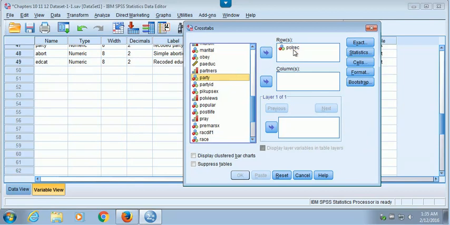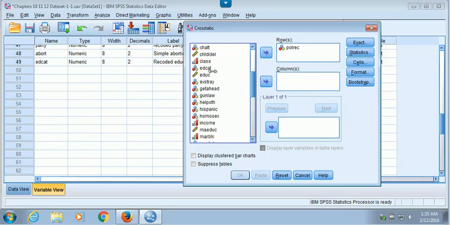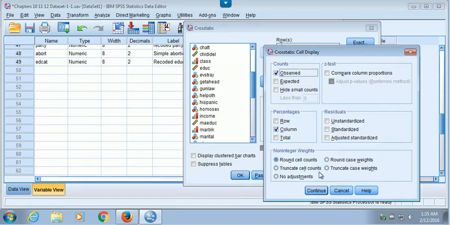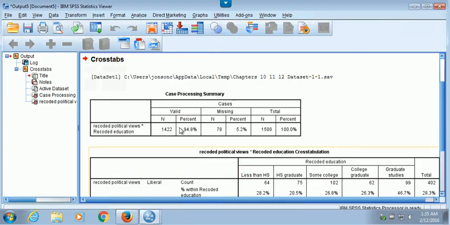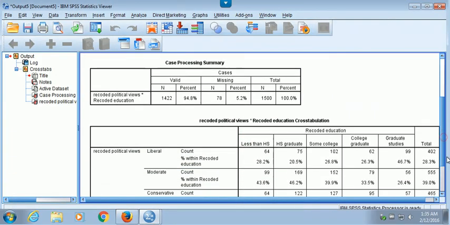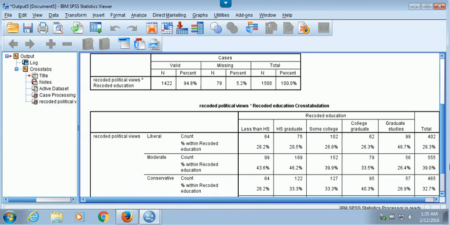So we're going to keep political REC, because that's our political measure. We're going to come up here and put EdCat in here. So again, in columns, that's your independent variable. We're saying education level can actually predict one's political views. Make sure you check on the columns, make sure that percentage is there. Click OK. You'll see the crosstab table comes up right here.